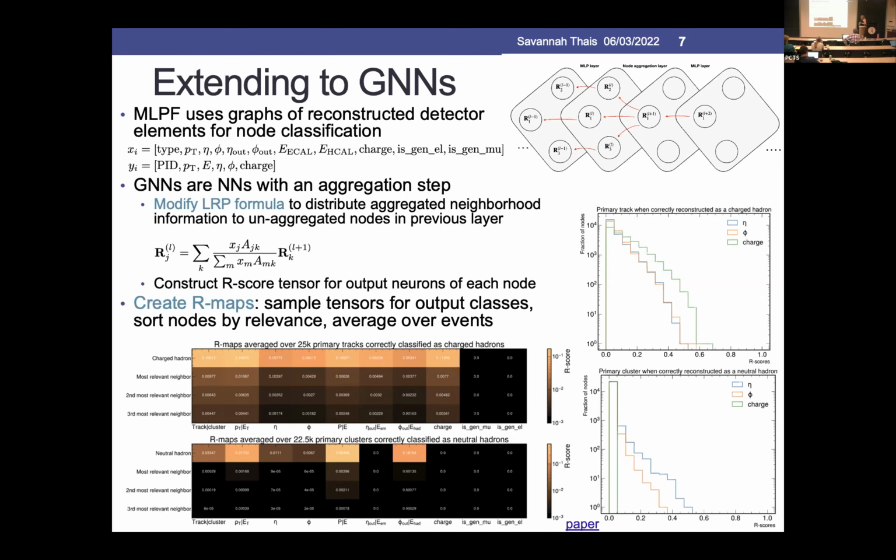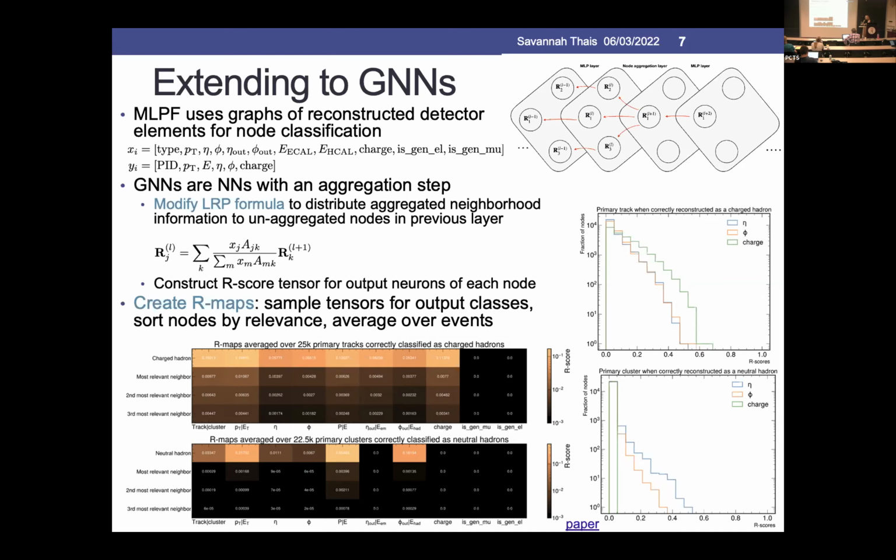And then you can construct relevancy score tensors for each node in your graph that describes how the different features of the neighborhood nodes contribute to the decision on a specific node.